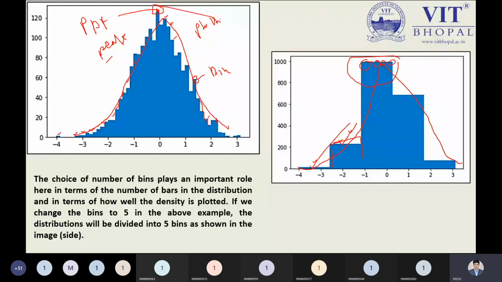From the probability density function, we can easily determine the data point representing the peak value. But from the bar graph, we are not able to justify this point, and that is a big problem. So a probability density function plays an important role in distributing your data properly.